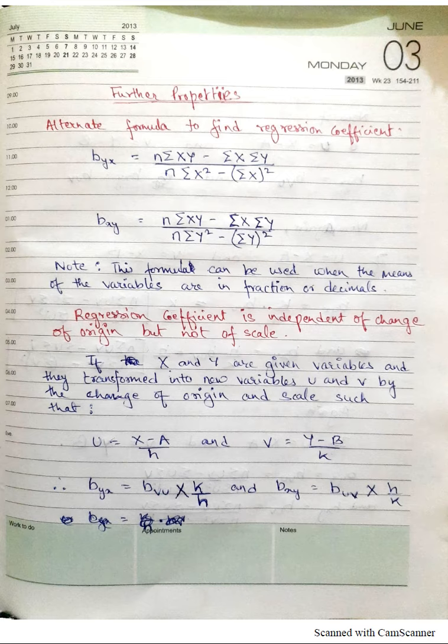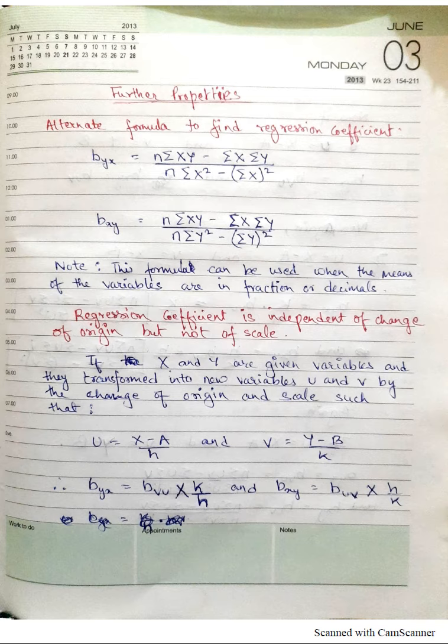Now, as I had discussed in the previous video, you can only use the formula given for the coefficient of regression in the last video if the means of both the variables are whole numbers or integers.